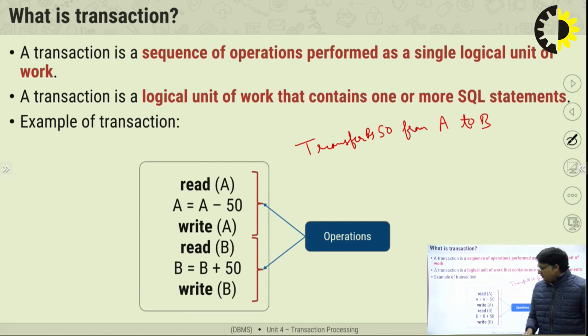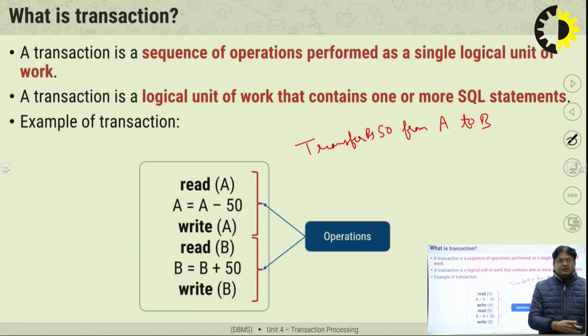Now the next instruction is read B. This data item is B. Now B = B + 50, that is, we are transferring 50 rupees from A to B. Thereafter the value has been updated, and now we perform write B. Write B will update the value of B in the disk.